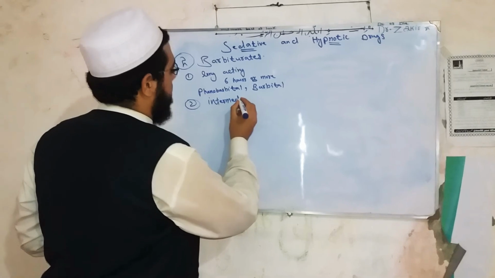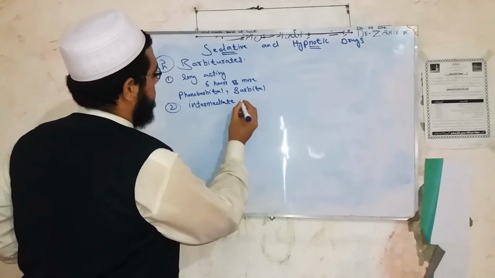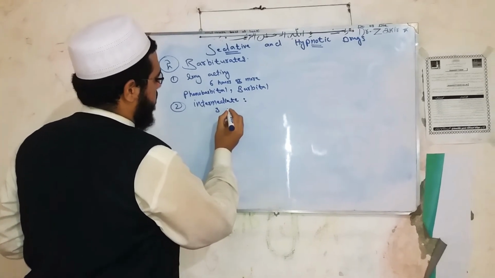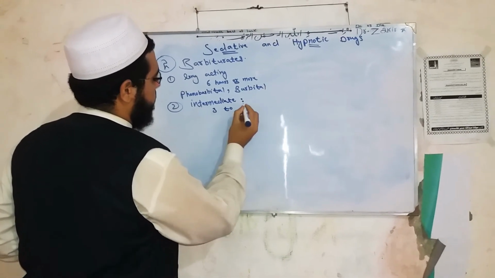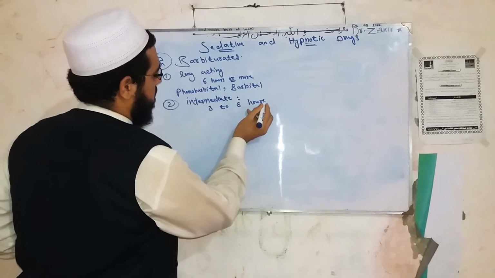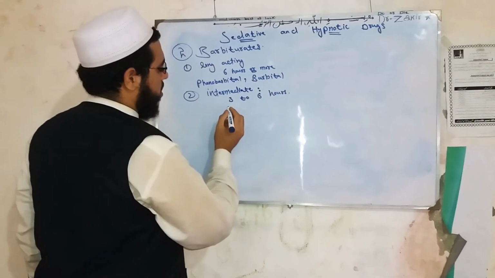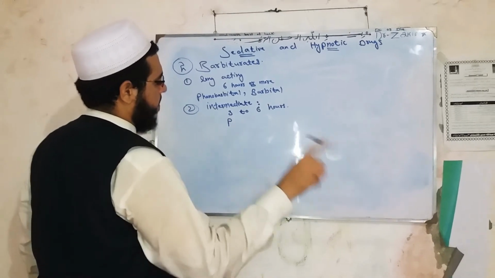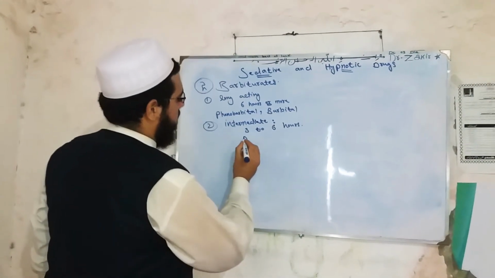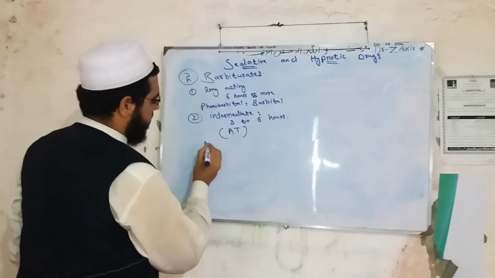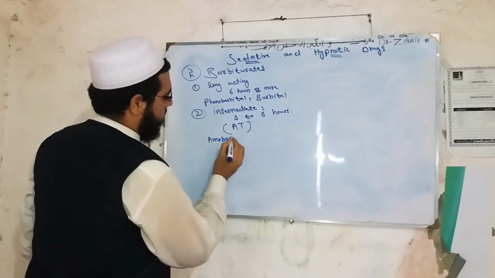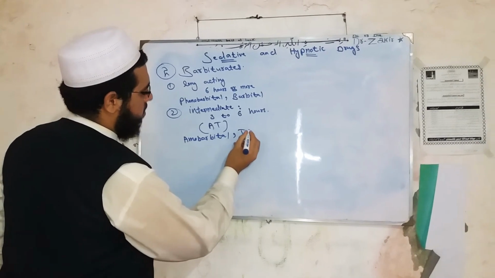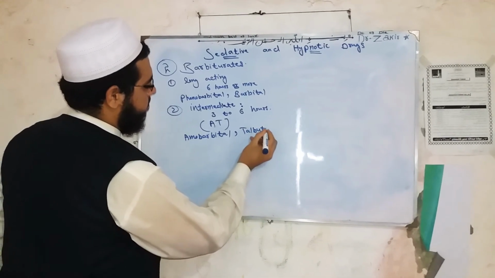Second one, intermediate. The duration of action is from 3 to 6 hours. The drugs included are AT. From A, amobarbital, and from T, butabarbital.